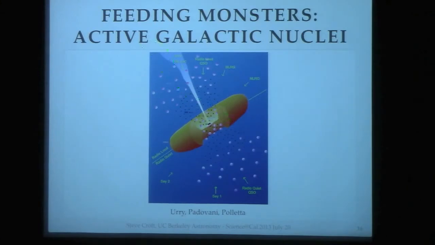So the jet is carrying some of that away. There's also probably winds of gas coming off this accretion disk that's falling in. There's only a small amount that's actually making it in there, and the rest gets out one way or another eventually.